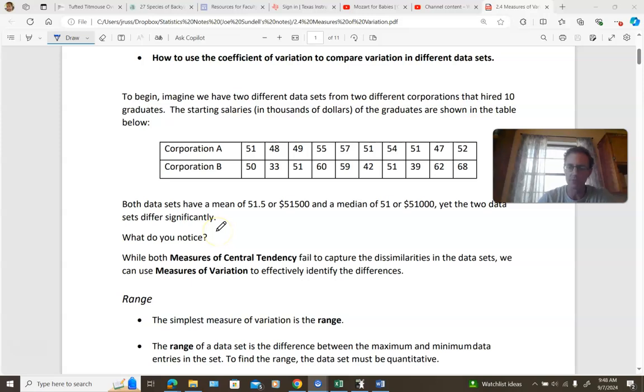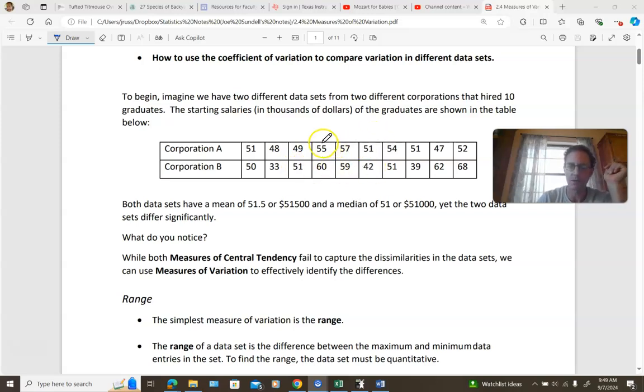So what do we notice? Well, I'll point out something that I notice. In both of these data sets, you see some 50s, some 60s, maybe 40s, 30s. But in Corporation A, we only really see some 40s and some 50s. But in Corporation B, we see some 30s, some 40s, some 50s, and even some 60s.